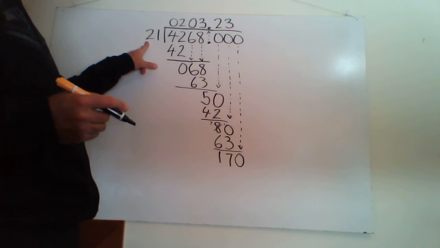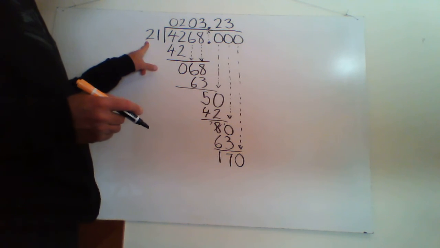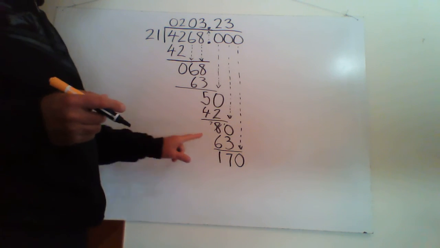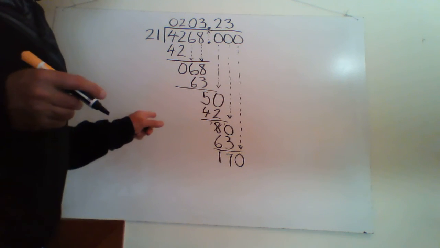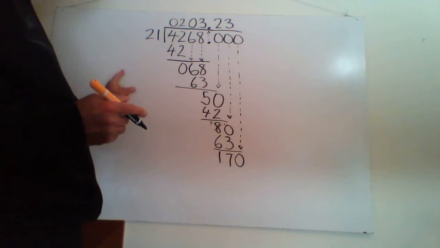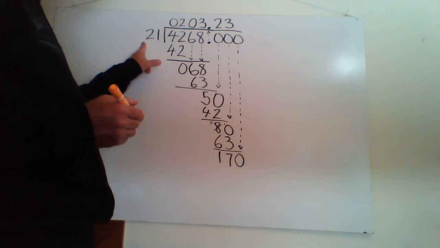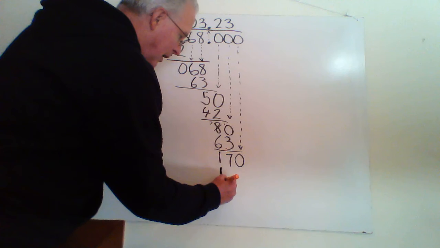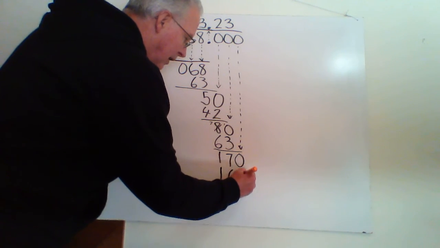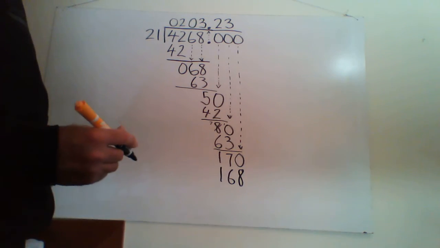So, and I know that 20 goes into 60 3 times. So that's 8. So 20 times 8 is 160. 21 times 8 is 168.